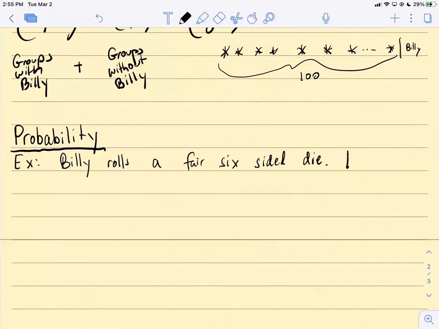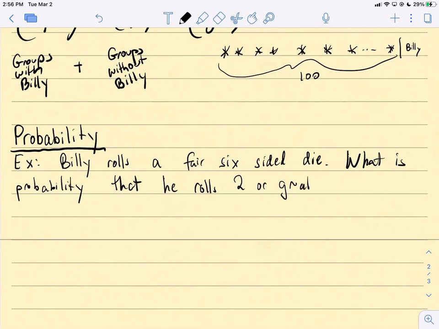What is the probability that he rolls 2 or greater? What do you guys think?